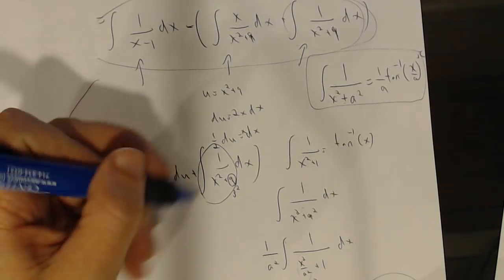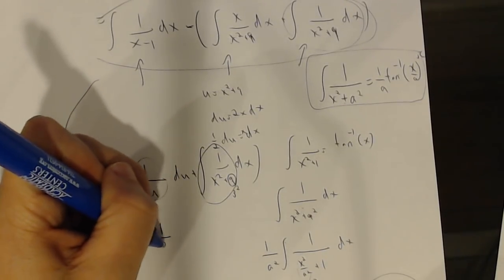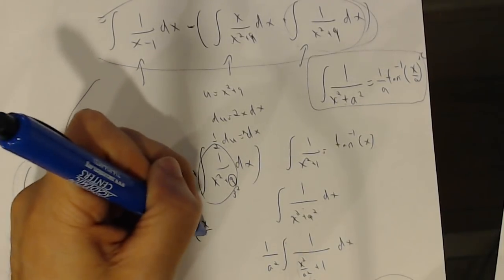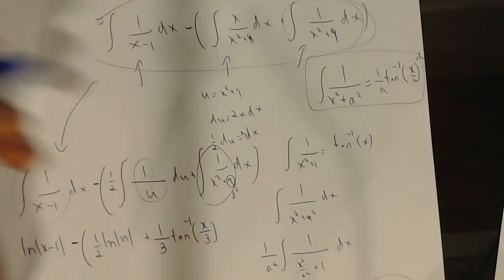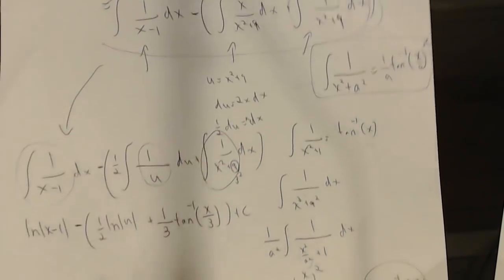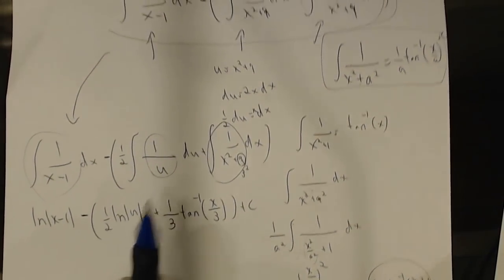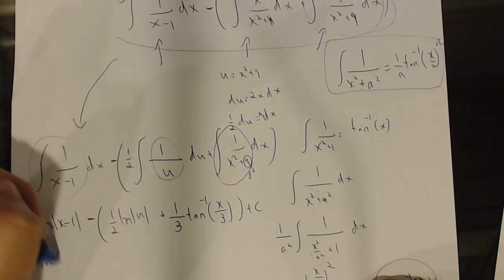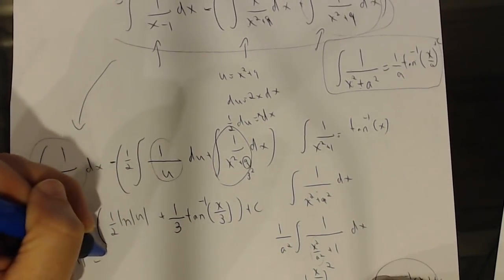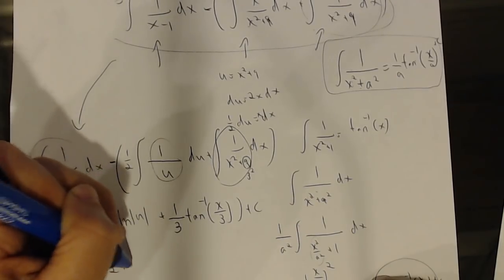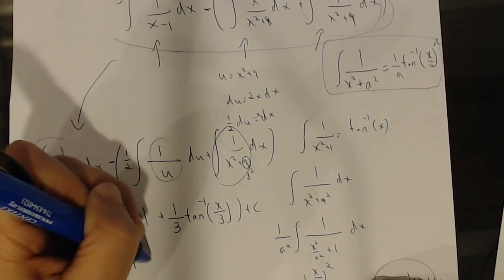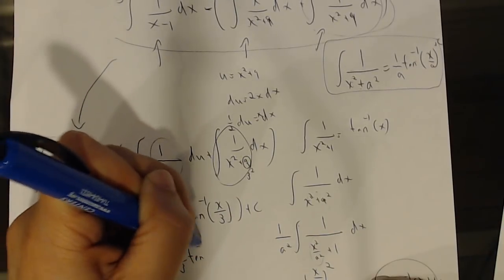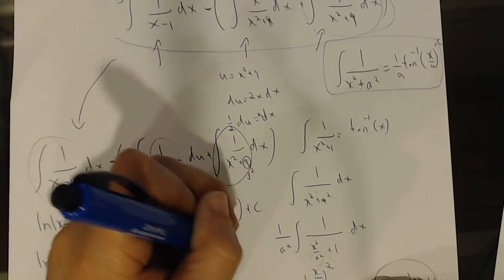So this would be 1 over 3 tangent inverse of x over 3 plus c. Just make sure to plug back in for u whatever we called it, x squared plus 9. So this becomes ln of absolute value of x minus 1, minus 1/2 ln of absolute value of x squared plus 9, minus 1/3 tangent inverse of x over 3 plus c.